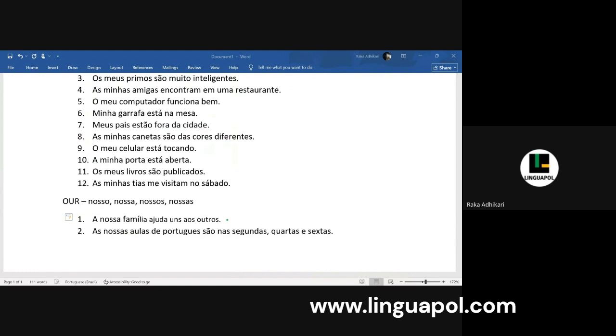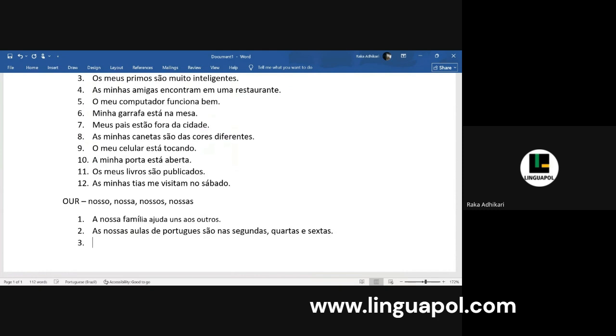Now we are talking feminine plural. The word aulas is feminine and plural. So now, accordingly, we are using the possessive pronoun nossas, feminine and plural. As nossas aulas de português são nas segundas, quartas e sextas. That means Mondays, Wednesdays, and Fridays.